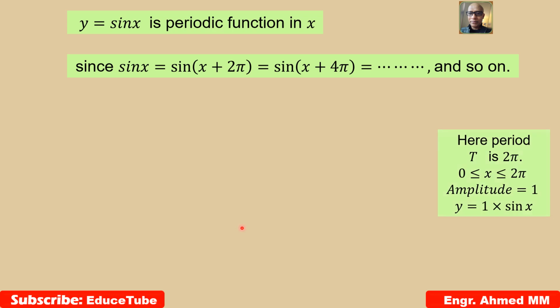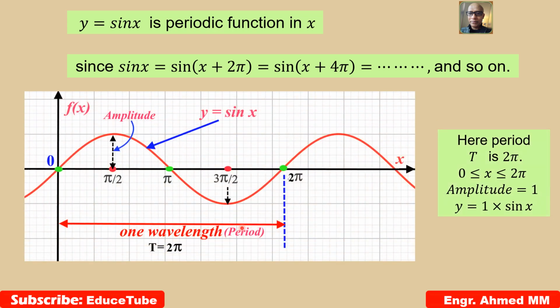Here y equal to sine x is a periodic function in x, and it can be written as: sine x equal to sine of (x plus 2 pi) equal to sine of (x plus 4 pi) and so on.